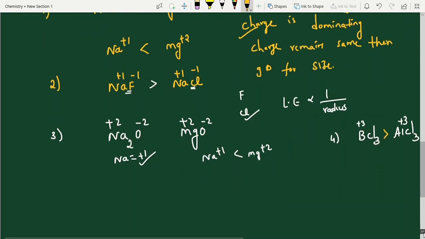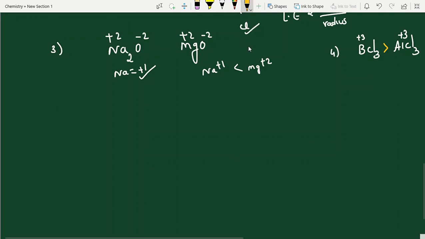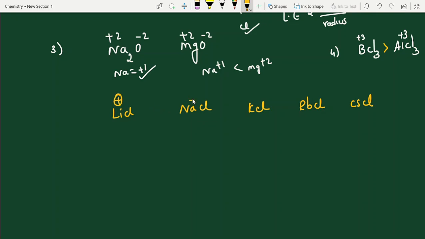Now next one. Suppose they asked a question like lithium chloride, sodium chloride, potassium chloride, rubidium chloride, cesium chloride. Which has more lattice energy? Very simple here also. This is cation, this is cation, this is cation, this is cation.